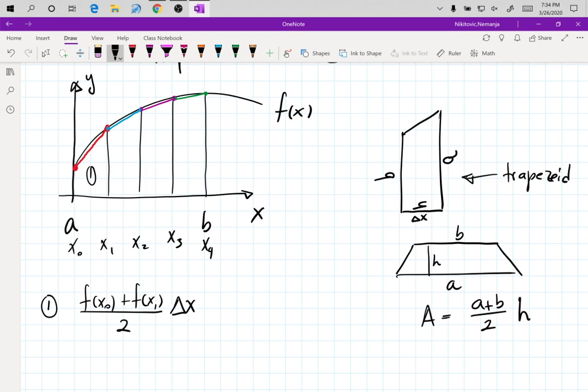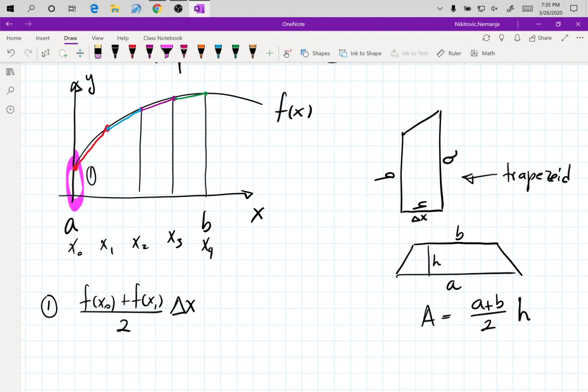Now you have to look at it sideways for it to make sense, but this length over here is f of x0, which corresponds to B on the trapezoids I have on the right. And this one over here is your f of x1. That's the length of that line, f of x1. So f of x0 plus f of x1 divided by 2 times the height, and the height is delta x.